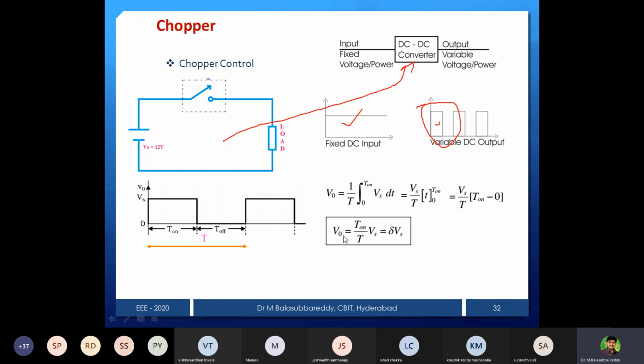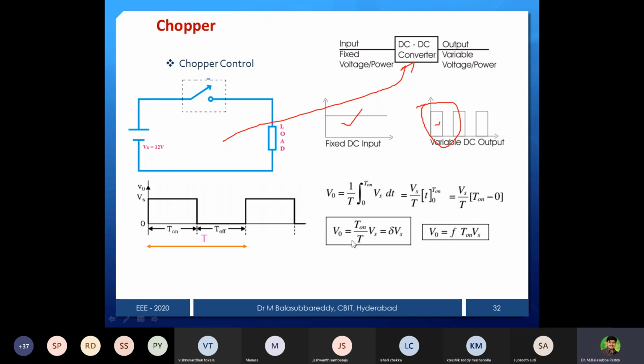If you keep delta as 1, the output is equal to the input. Here the output is less than the input only for this circuit. Now you modify it by adding some components and try to get a step up chopper also. This I call a step down chopper or a basic chopper. So this is the basics of chopper operation.